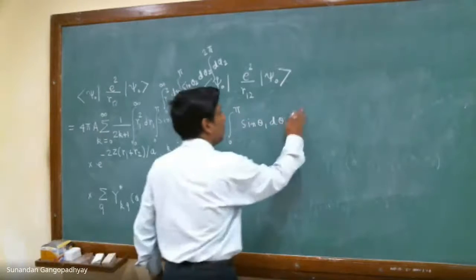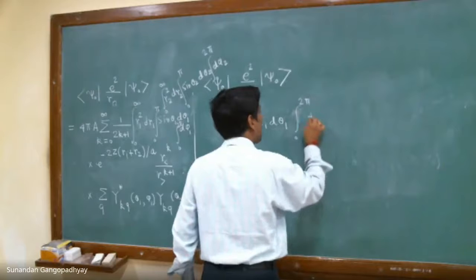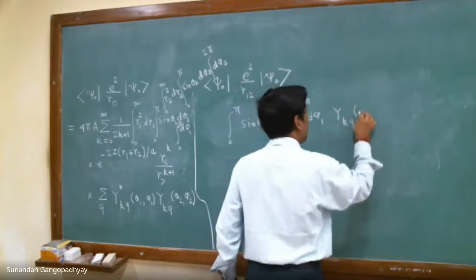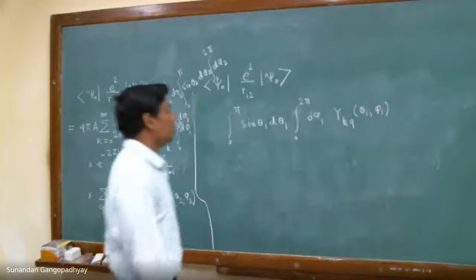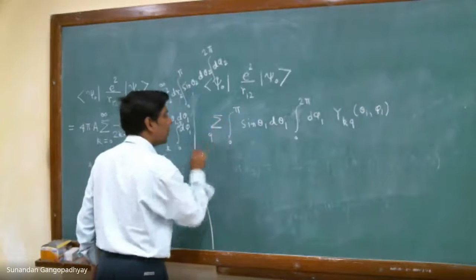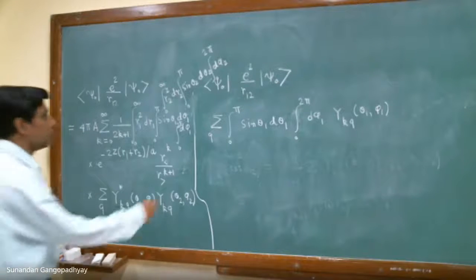So okay, you have the integral from 0 to 2π dφ1 and then Y_kq(θ1, φ1). We need to do this integral, and you remember that you have a summation over q outside, and also a summation over k.